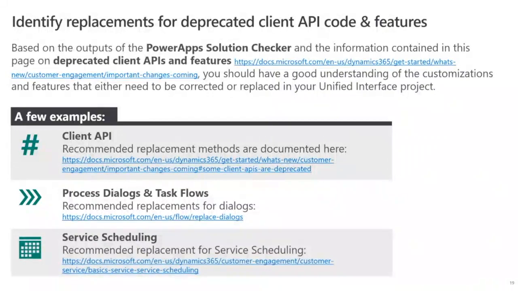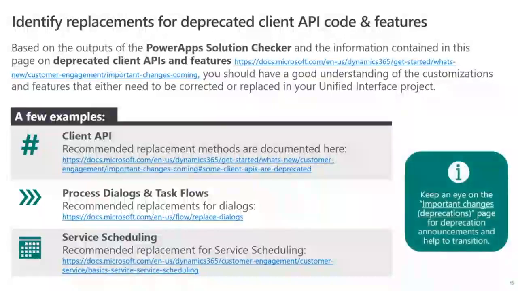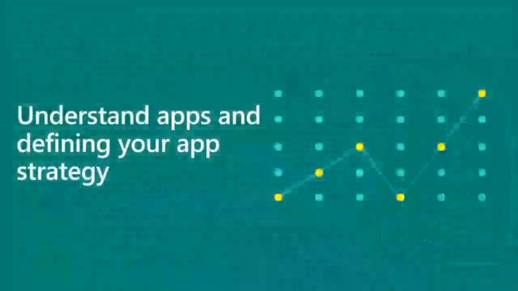Or if you are using service scheduling in the legacy web client, we also have recommendations on replacing service scheduling. And this is a limited list, and we really encourage you to frequently keep an eye on the important changes and deprecations page for any announcements for deprecation and help for transition.